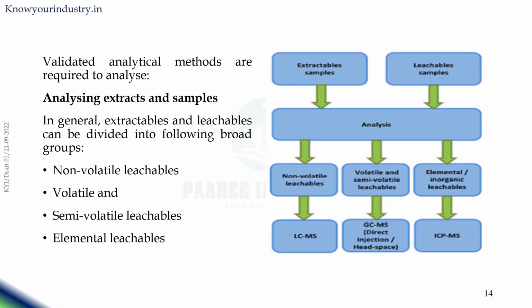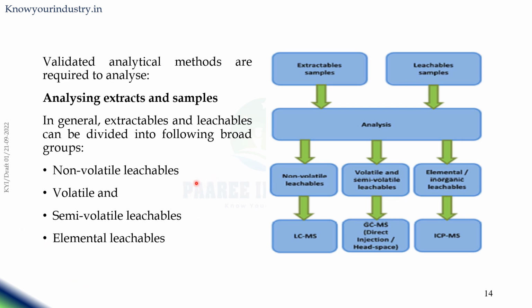I have already explained that during the development stage itself, we have to evaluate the extractables and leachables. So what analytical methods do you employ for extractable leachable studies? And what are the target impurities or target compounds you are analyzing by using the different analytical methods?